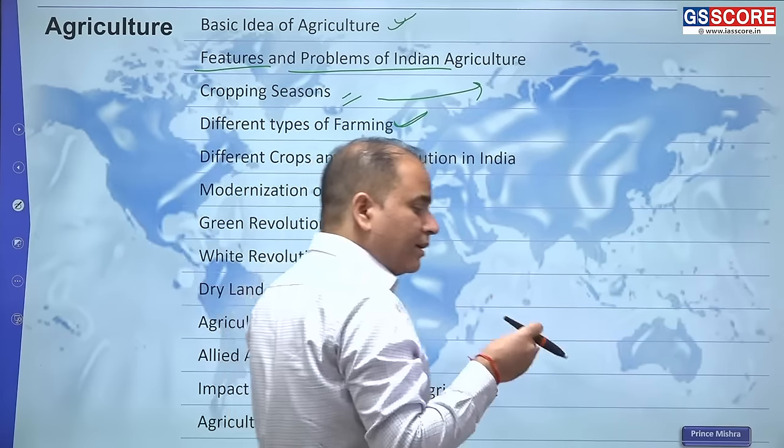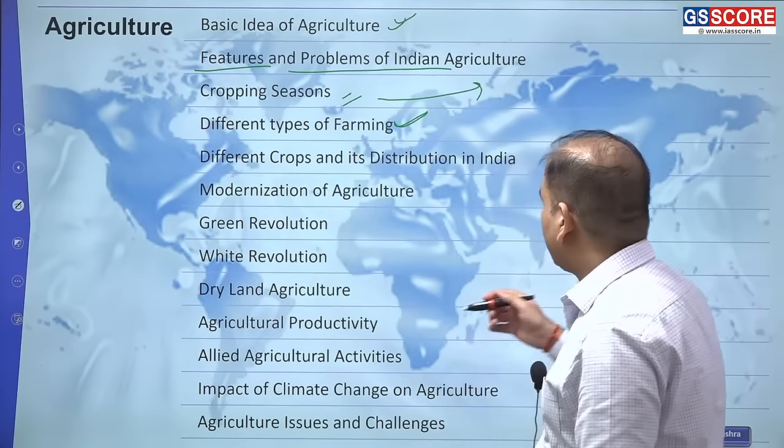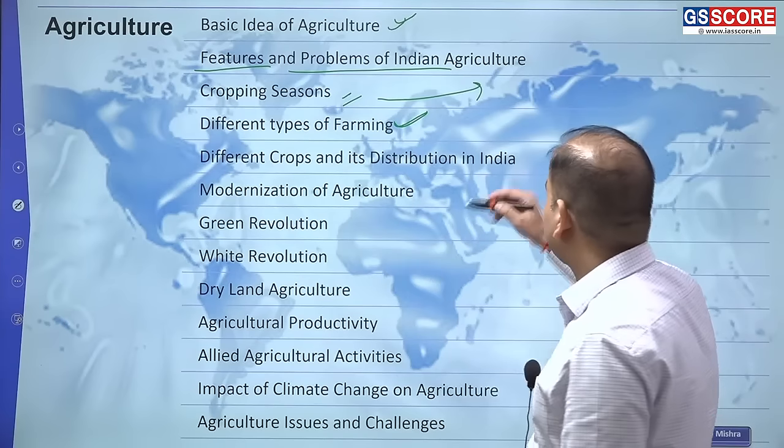Then when you get to know the different crops, you will have some of the food grains, some of the millet, some of the oil seeds.